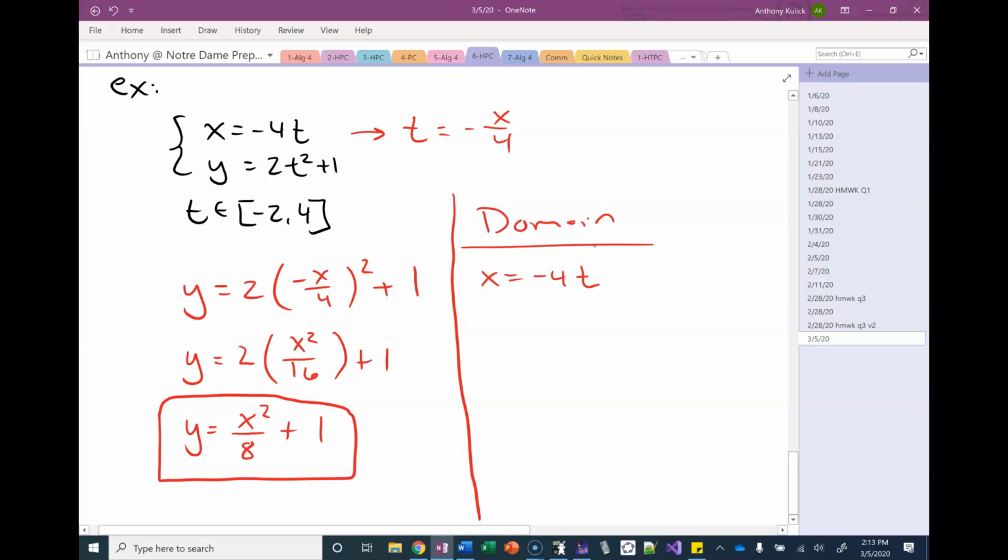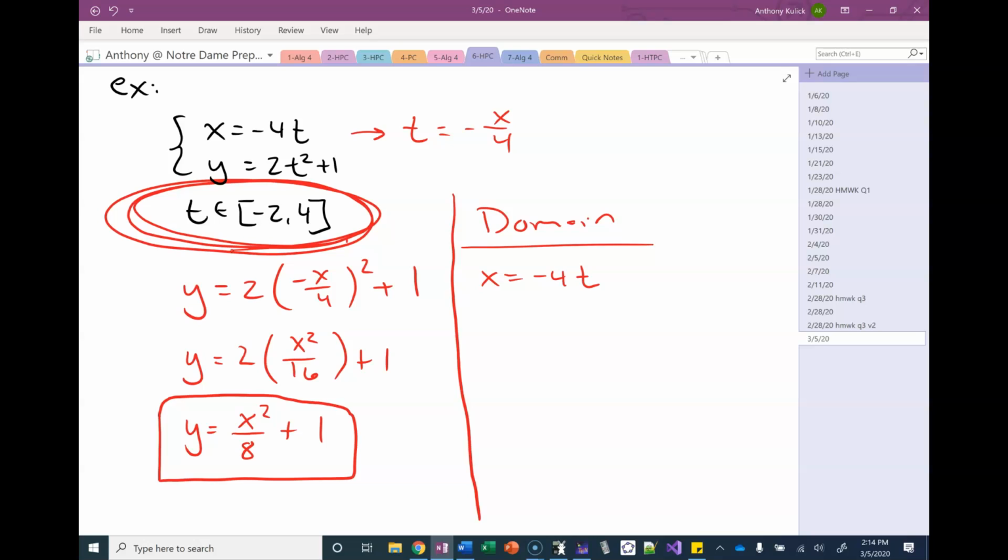What I want is the range of this function x equals negative 4t. It is not all real numbers. Why not? Because the domain is restricted to negative 2 to positive 4.